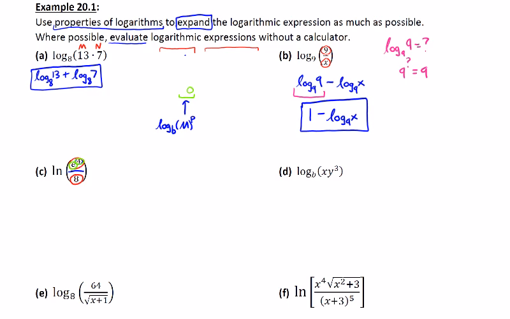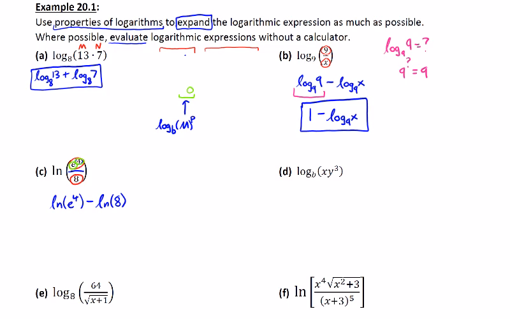And with the quotient rule, I can expand this as the natural log of the numerator minus the natural log of the denominator. And I'm using parentheses here for the argument. You don't have to, but it's something that I like to do sometimes. And then once I've done that first level of expansion, then I can go back and reevaluate and see if maybe I could apply another rule, like the power rule.